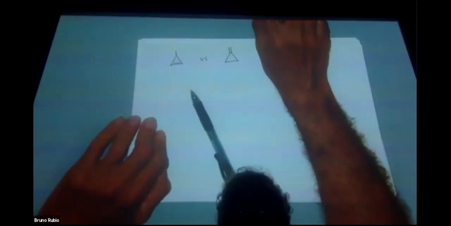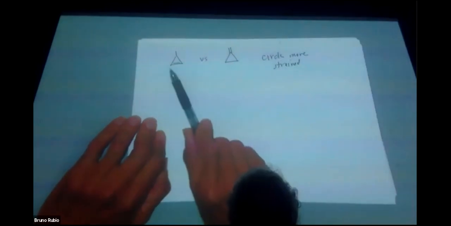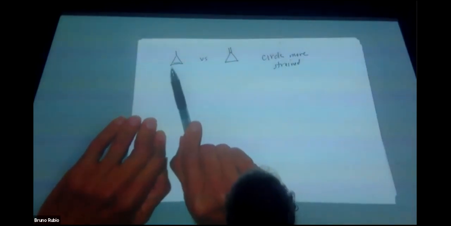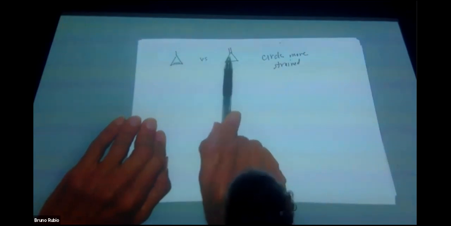Sure, because he has two strained carbons, right? This is sp2 hybridized. It wants 120 degrees. It's getting something close to 60 here. This guy has two strained carbons. This one only has one.